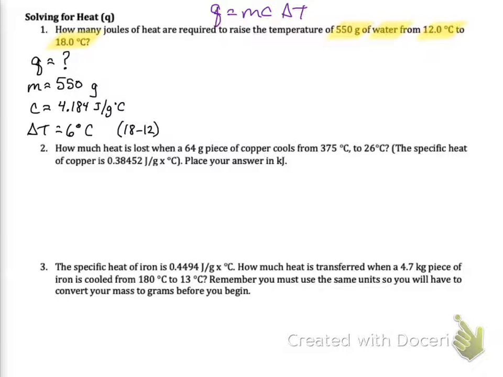So at this point, just plug in your numbers into the equation. Q is what I'm solving for. M is 550. C is 4.184. And delta T is 6.